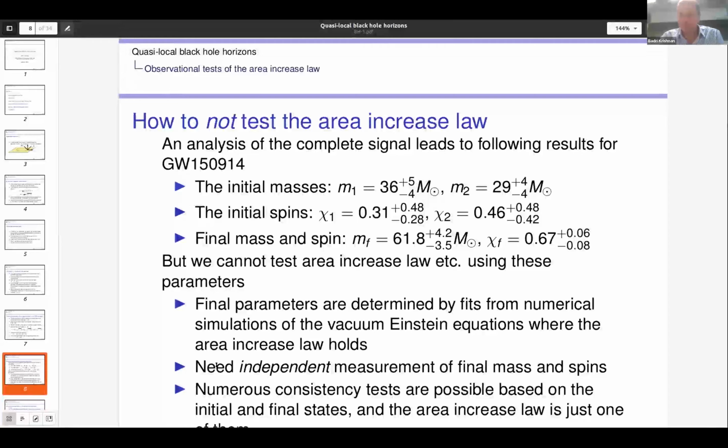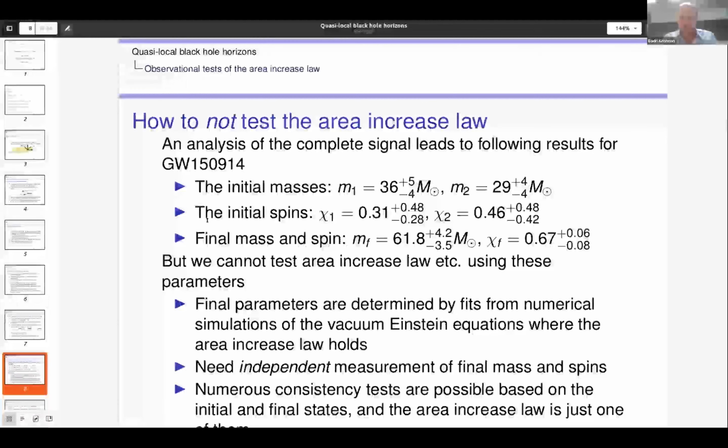So if you read, for example, the first detection paper where this event, GW150914, that you must have heard about in some of the other lectures, was reported, then you'll see in the papers that what they report is also the initial masses. So for the first black hole merger, it was about 36 and 29 solar masses.